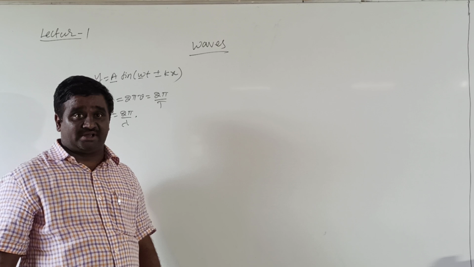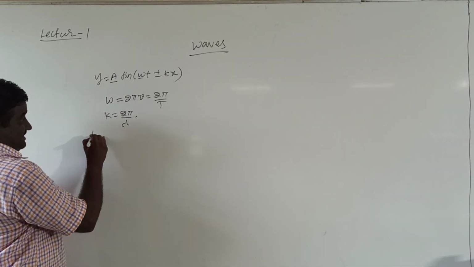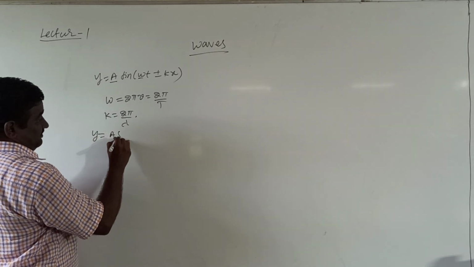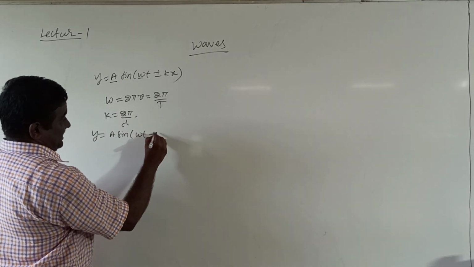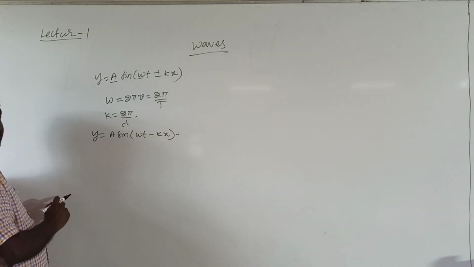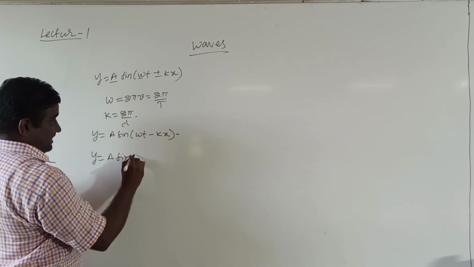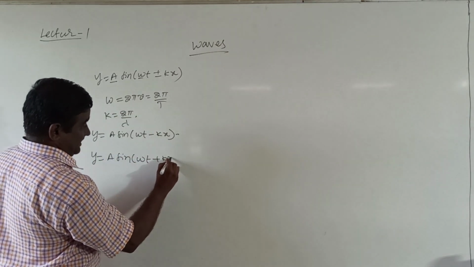If the progressive wave is traveling along the positive x-axis, then its equation is y equal to a sin(omega t minus kx). If the progressive wave is traveling along the negative x-axis, then y equal to a sin(omega t plus kx).